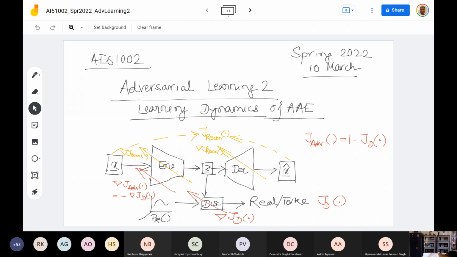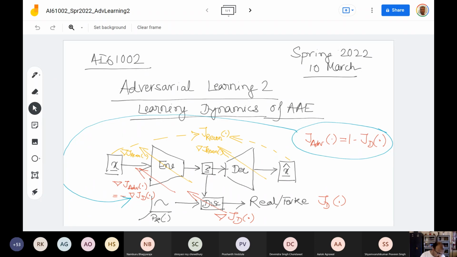On account of this, you will also be getting this one. So this is something which we know.